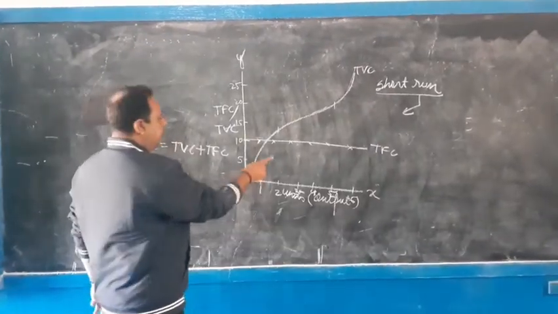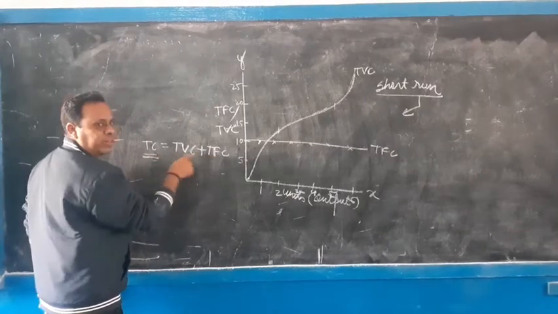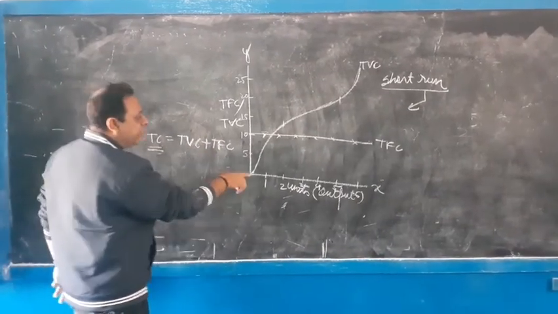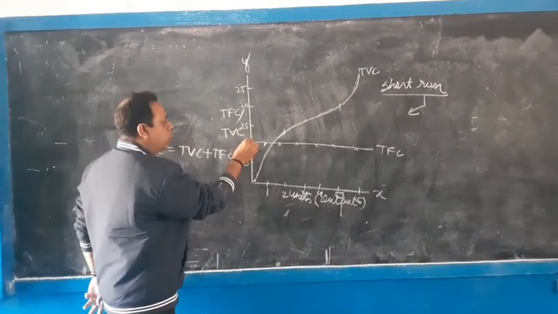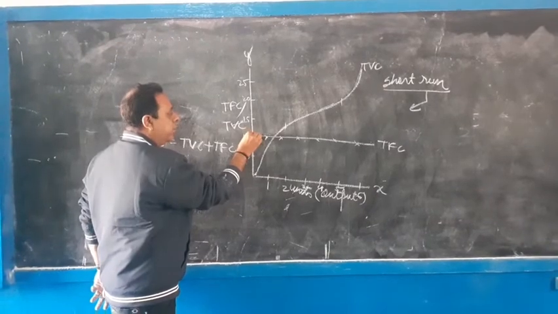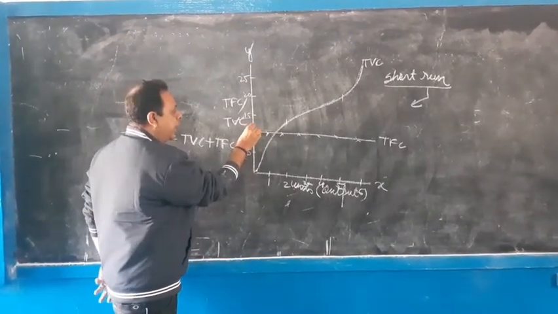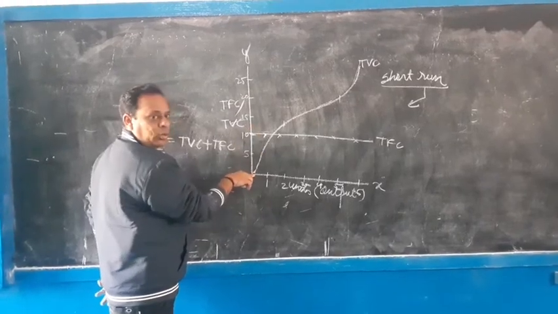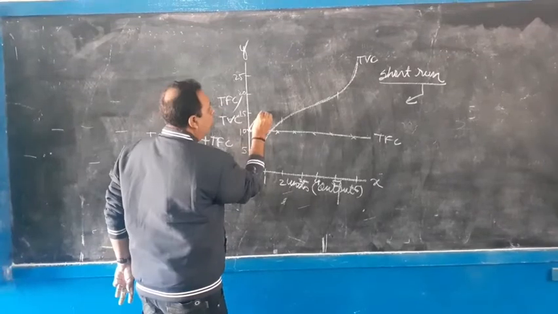Understood? Now if we make total cost, so total cost is the sum of TFC and TVC. Even if TVC is 0, there will be a value of TFC. So total cost in the short run, mind it, in the short run will always start from the point where TFC is starting. क्योंकि at this point TVC is 0, but TFC is there, and it will go almost parallel.